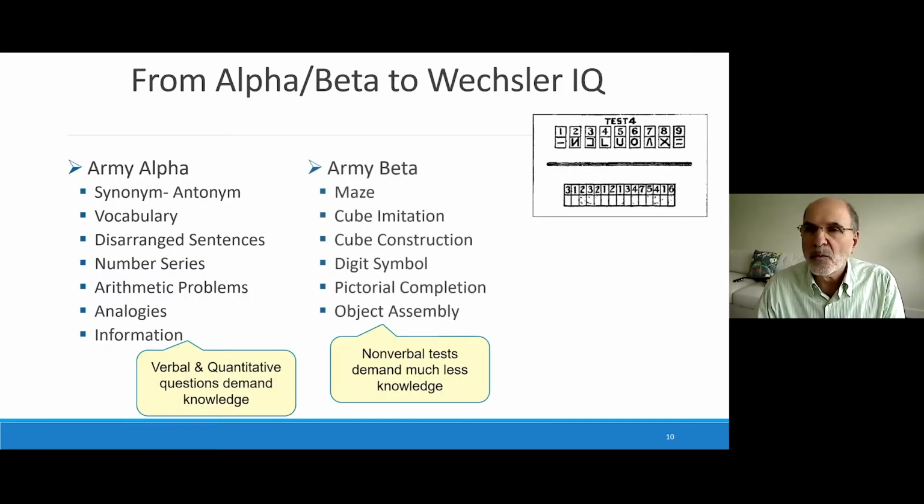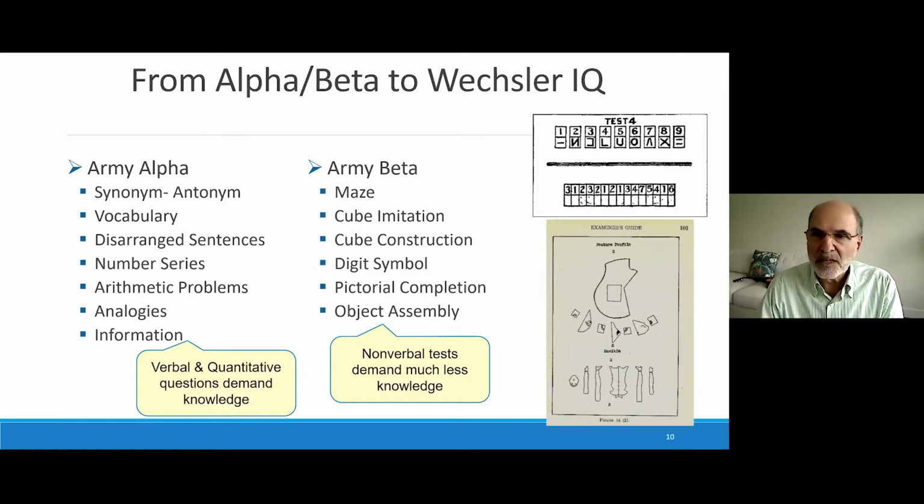Now, those tests became the Wechsler scales, because Wechsler was in the military, and he used to use the Army Alpha and the Army Beta. And when you look at Yoakum and Yerkes' book, you're going to see the WISC, because really that's where it comes from. Block design, object assembly, mazes, vocabulary, similarities, arithmetic, all that stuff.